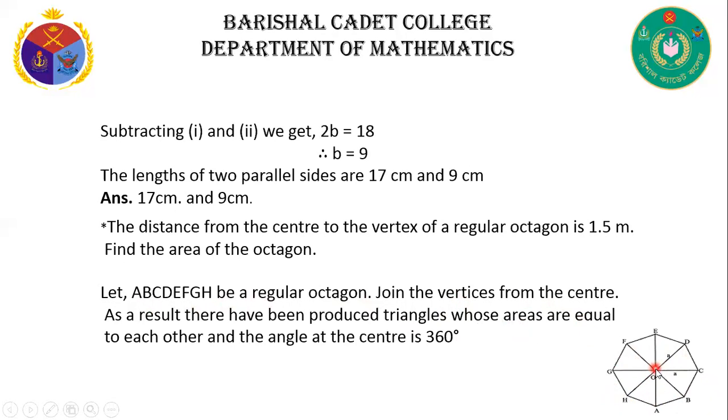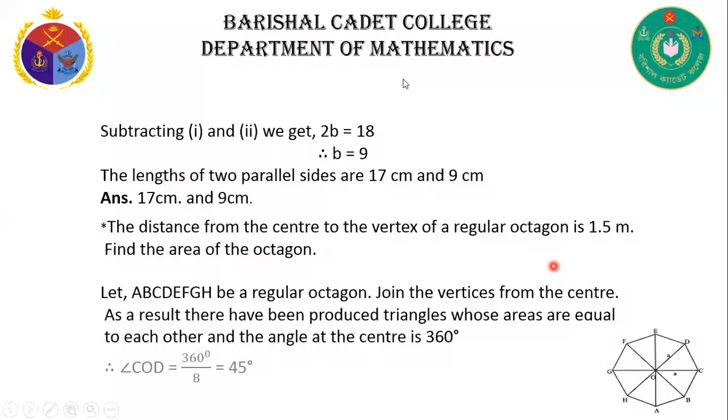Here center O. As a result, we have produced triangles whose areas are equal to each other, and the angle at the center is 360. Here the angle is 360, and the triangles are equal triangles. That means 1, 2, 3, 4, 5, 6, 7, 8.